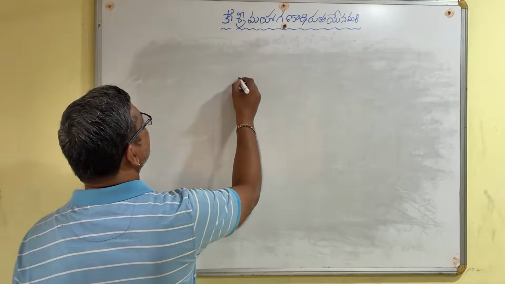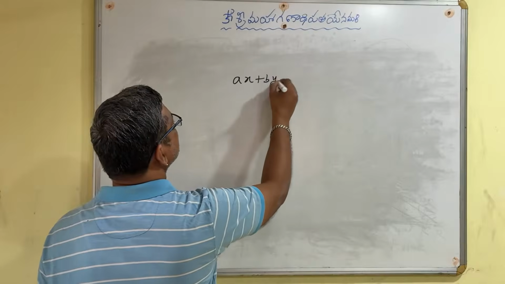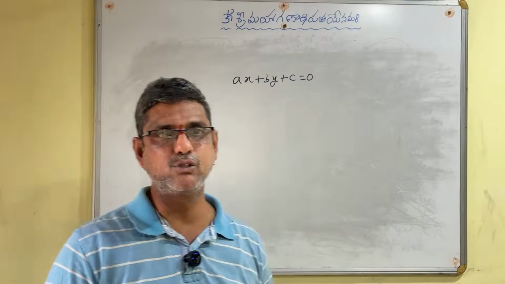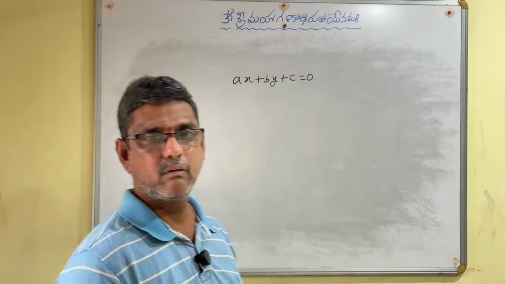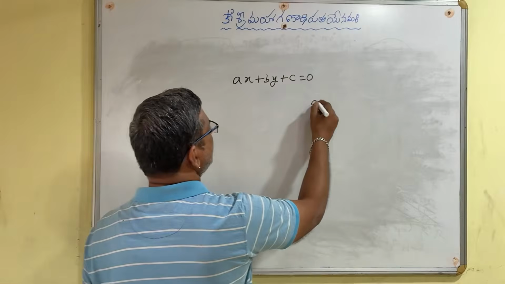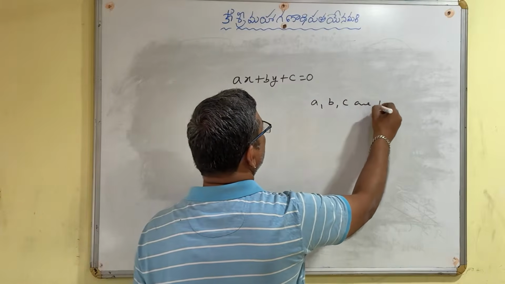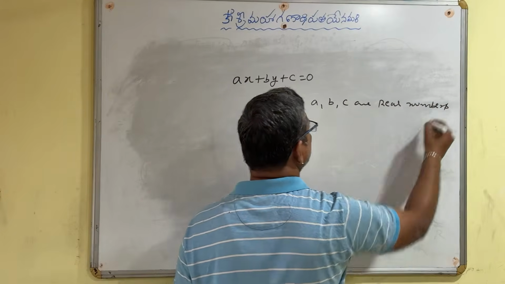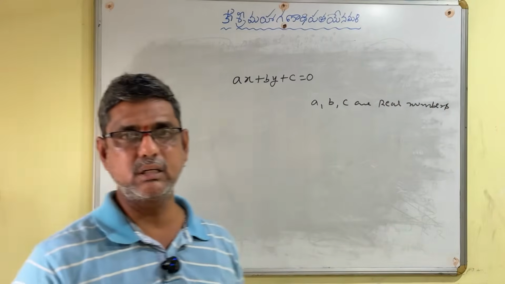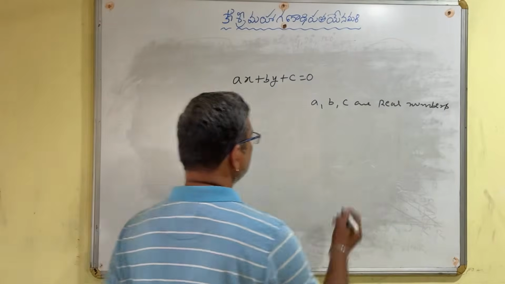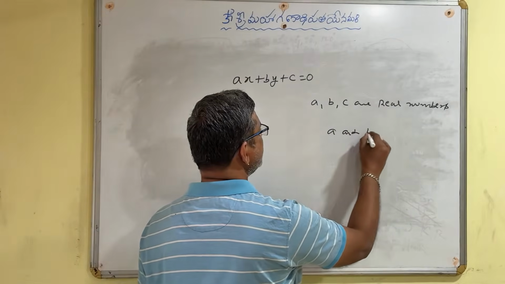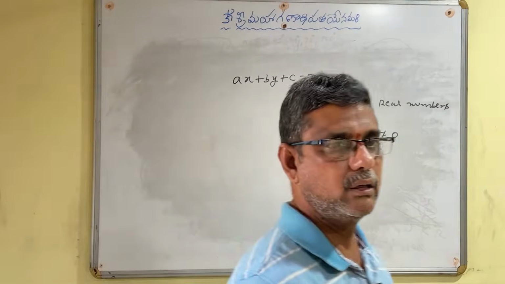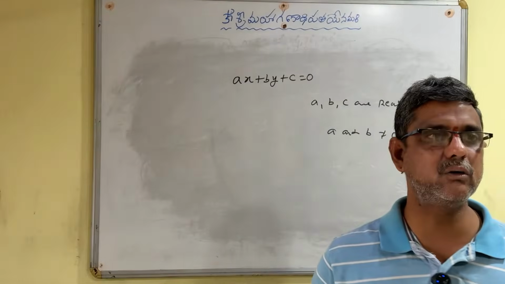The general form of a linear equation in two variables is ax plus by plus c is equal to 0, where a, b, c are real numbers, such that a and b must not be equal to 0.